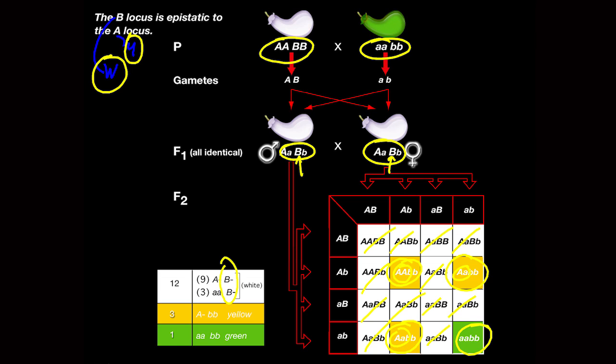So you cross a green with a white, all the F1 are white, and the F2 have a 12 to 3 to 1 ratio of white to yellow to green. It's really the only way to explain it. Some people don't, but some people love trying to put this type of stuff into exams or into whatever assignments you're going to get.